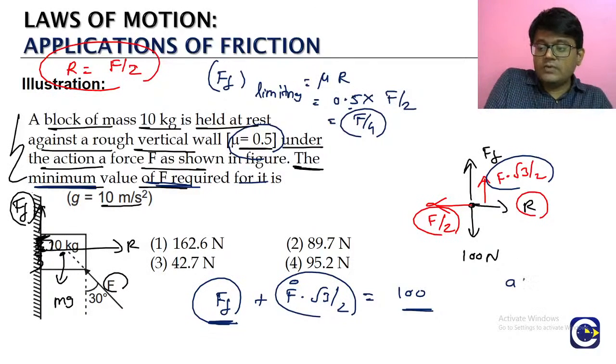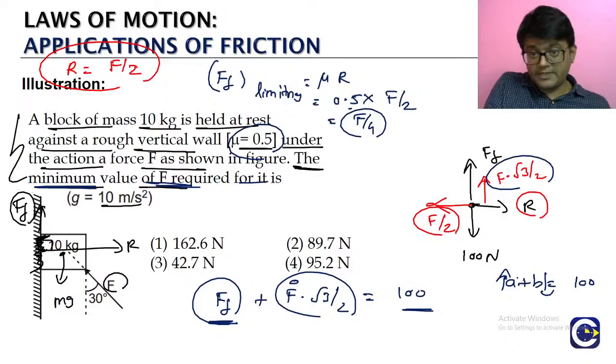It is like saying A plus B is equal to 100. If you want B minimum, A should have the maximum value. The second term is F into root 3 by 2, so for F to get the minimum value, the first term, the frictional force, must have the highest value.